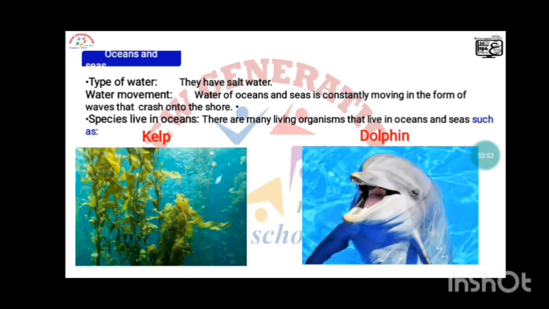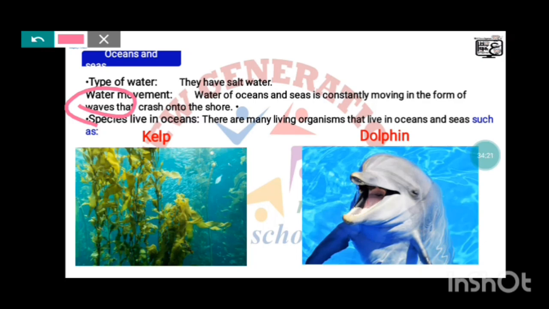About oceans and seas, the type of water is salt. Water movement: the water of oceans and seas is constantly moving in the form of waves that crash onto the shore or the beach.